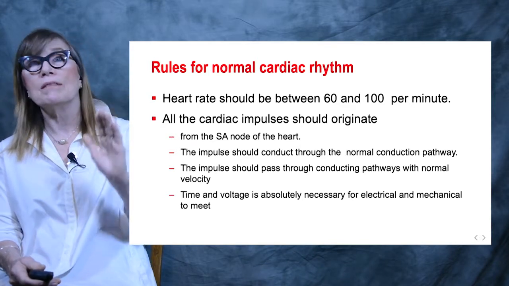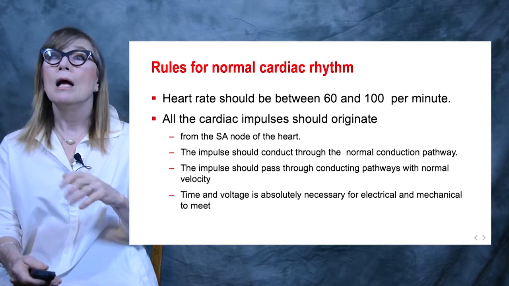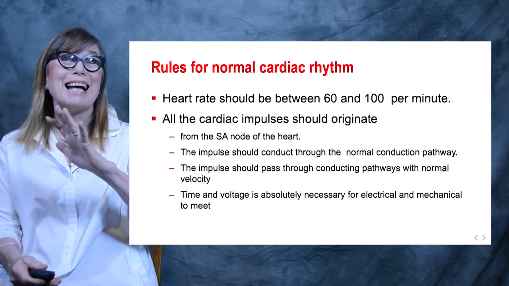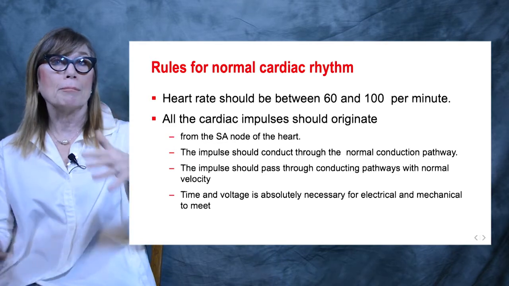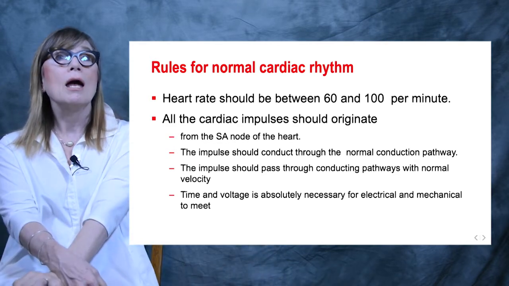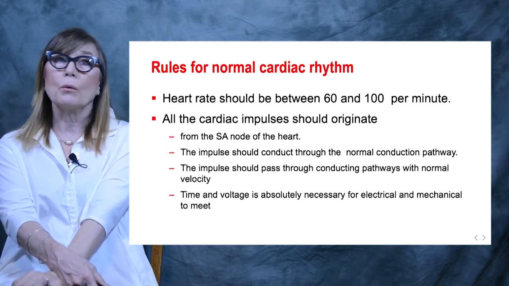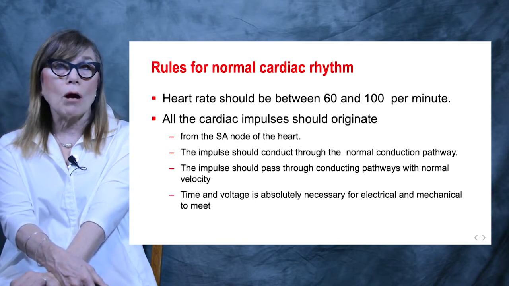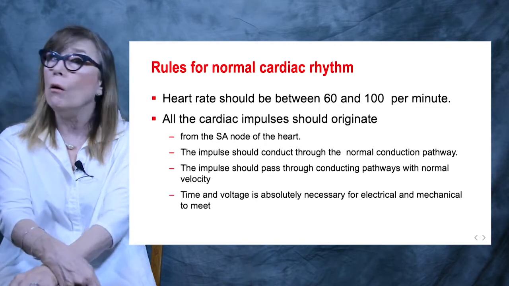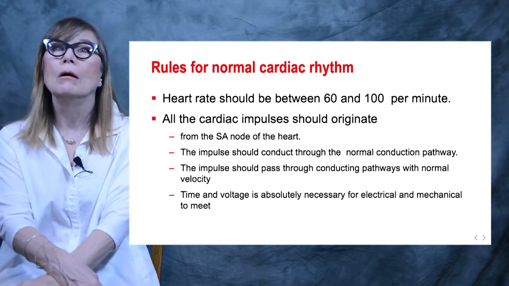Remember, the P wave is about the activation of the atria. That impulse should be conducted through the normal conduction pathway. That means to the AV junction, common bundle, and right and left bundle branches. And you know it's normal if the width of the QRS is less than 0.10. If it's wider than 0.10, that is not normal.